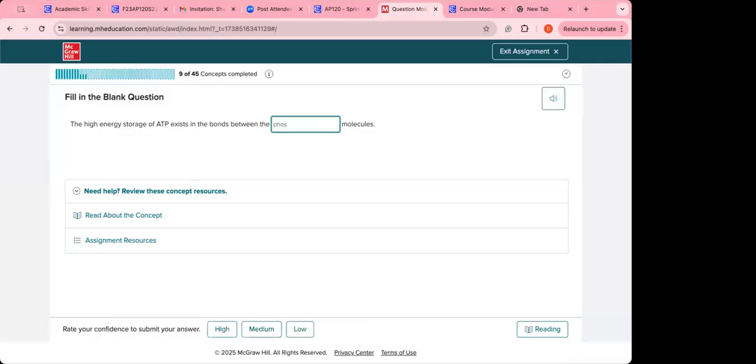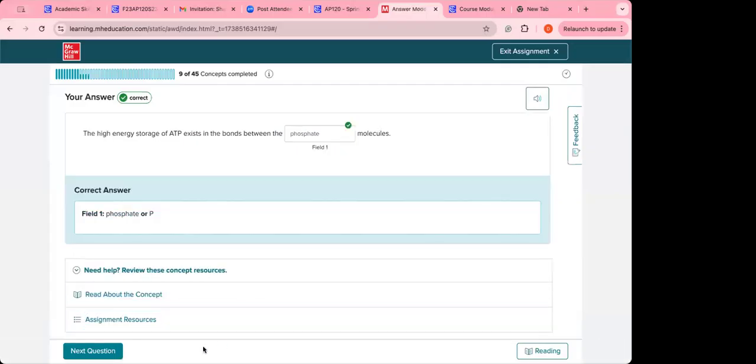Put phosphate, because I'm not sure what they want. P, yeah, there you go. Try that. Is that what they wanted? Okay, because it's the bonds, and I didn't know if they wanted phosphate bonds or just phosphate. Okay, that works.